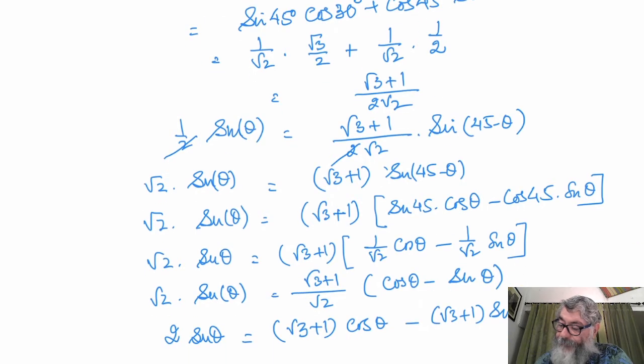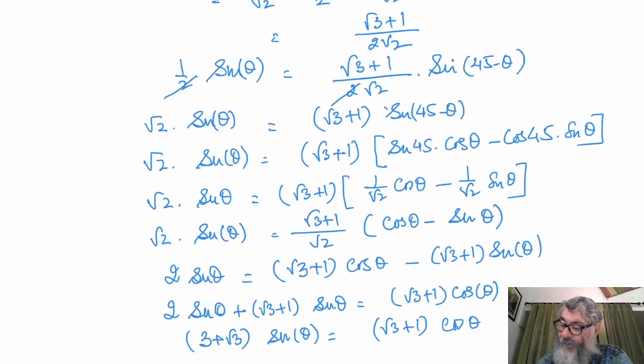Okay. 2 sine theta plus root 3 plus 1 sine theta is equal to root 3 plus 1 cos theta. If I take root 3 plus 1 sine theta common, it will become 3 plus root 3 sine theta is equal to root 3 plus 1 cos theta.